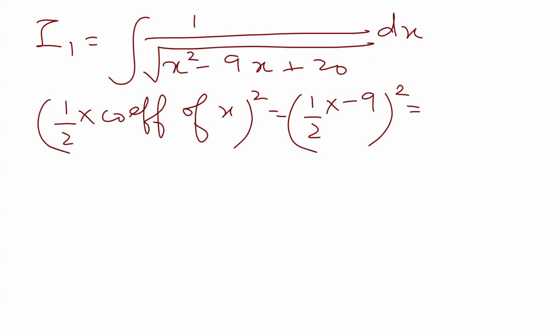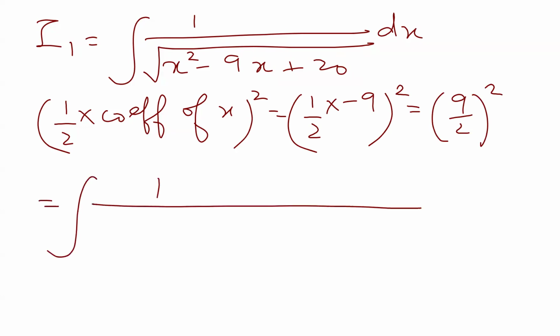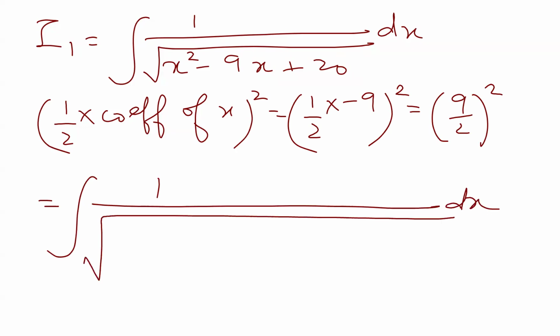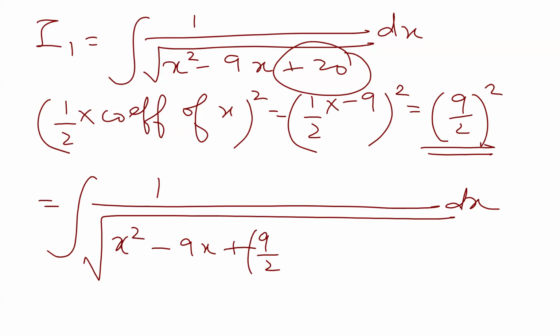Now a negative square is always positive. So this is 9 by 2 the whole square. The negative sign will go within the bracket because it's a square. So we are going to add 9 by 2 the whole square before the last term, and after the last term we are going to subtract this.